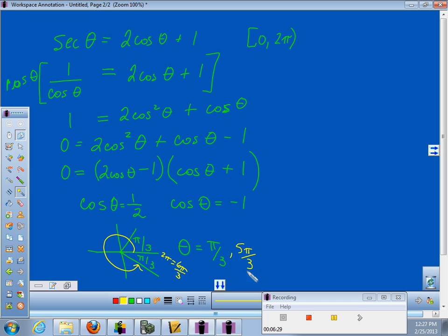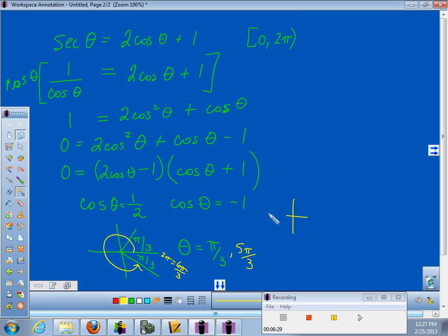Okay, now the other one, what should you instantly think anytime it's equal to a 1, a 0, or a negative 1? You're sitting on one of the quadrant lines. Yeah, it's got to be on the axis unless it's tangent. Tangent equals 1 at pi over 4. But anything else, if you got a 1 or a 0, you go, oh, I'm sitting on a quadrant line. The question is, which one?